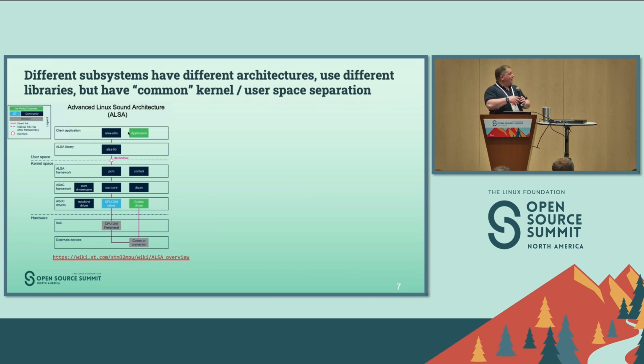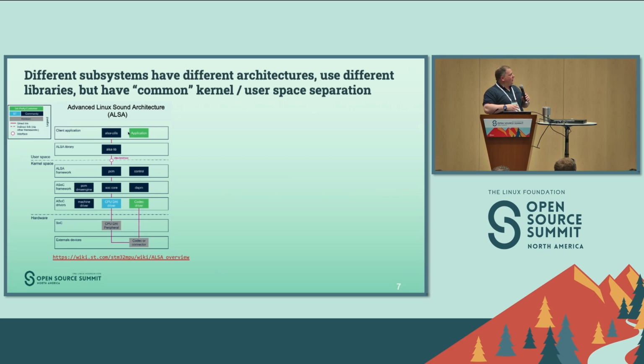If we think of audio, which everybody is familiar with, the audio stack has the hardware, some DMA, the ASoC framework, the ALSA framework, and libALSA up at the highest levels.